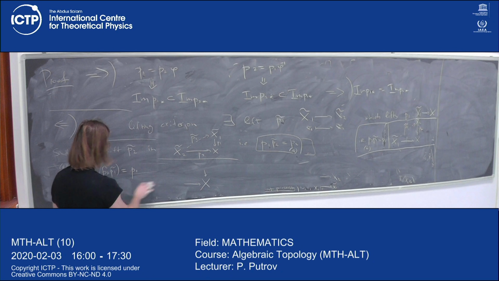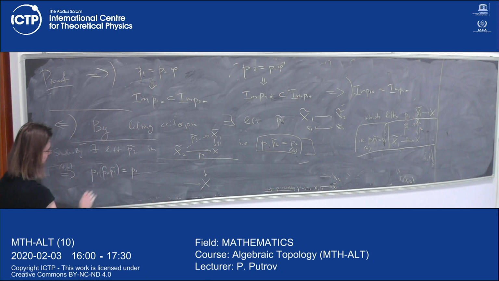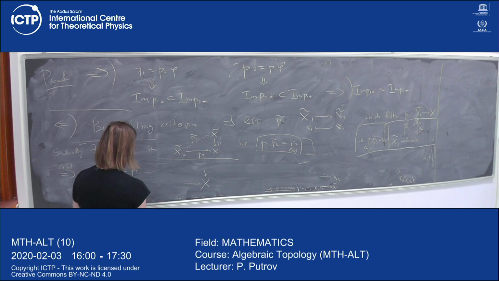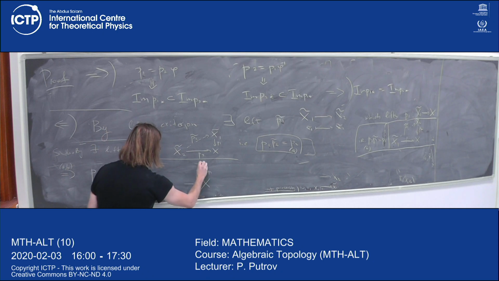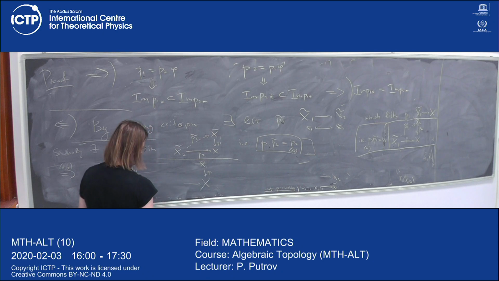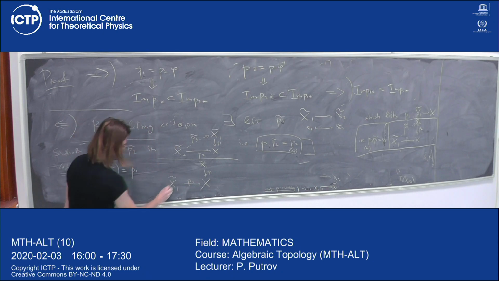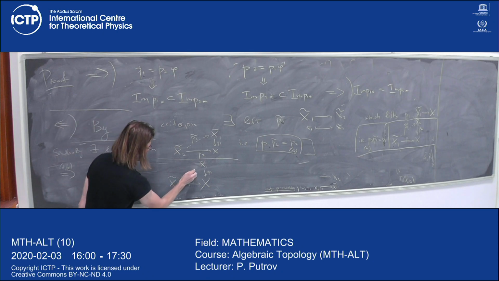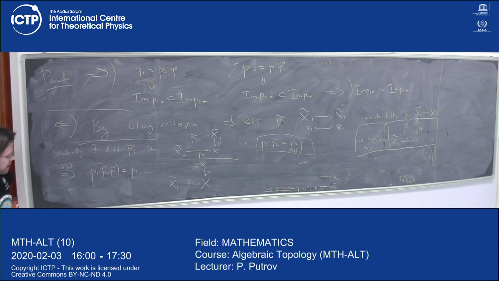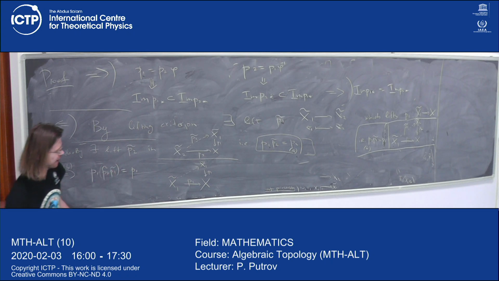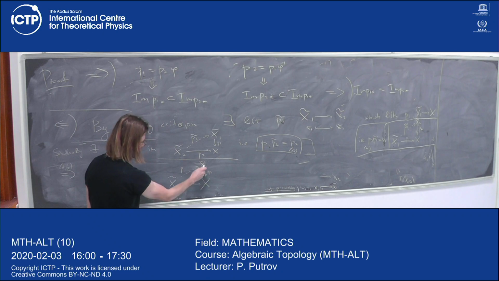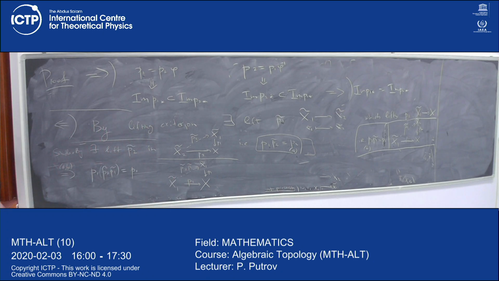That's why these diagrams are more intuitive than formulas like this. So p1 and p1 in both cases are maps from X1 tilde to X, and the equality means that this map here is the lift of p1 with respect to p1 itself.